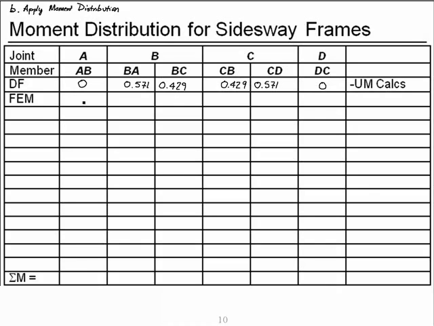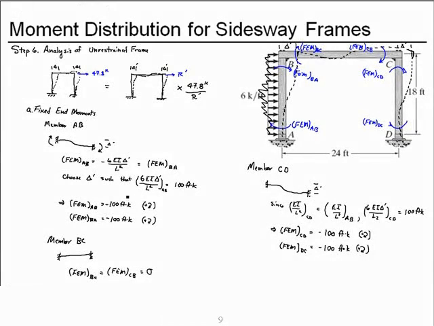For member AB, we found the fixed end moment to be a negative 100 foot kips, and at the other end of that member, we found it to be a negative 100 foot kips.